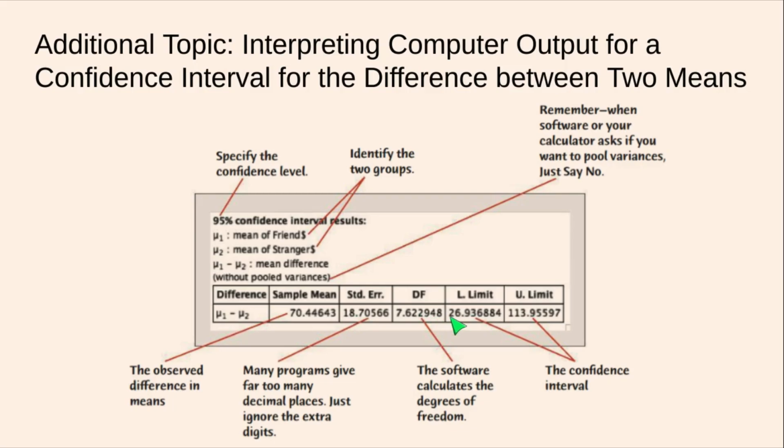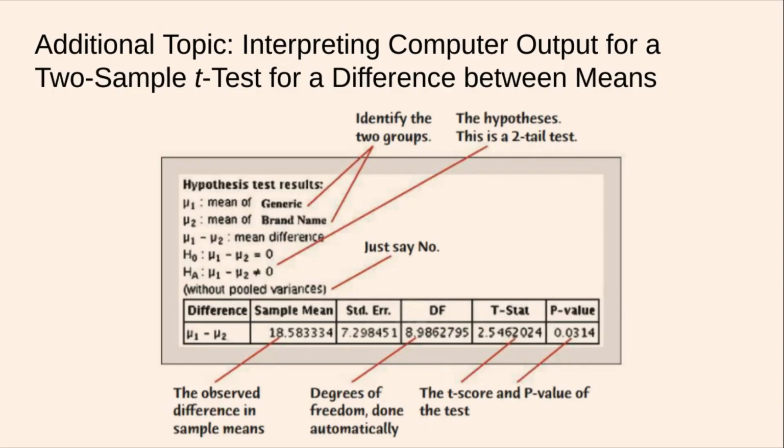All right, so here's our confidence level. We have a lower limit and an upper limit, and there you go. There's our confidence interval. And just one more detail here. Without pooled variances, remember when your software or your calculator asks you if you want to pool variances, for ours it would be the calculator, just say no, we're not going to pool the variances.